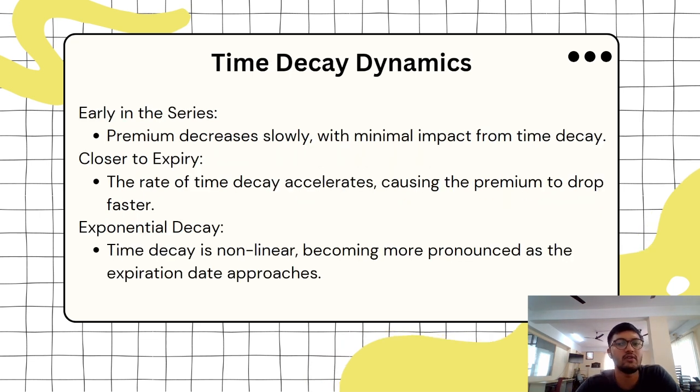Early in the series, when the time to expiry is far, the premium decreases slowly with minimal impact from time decay.